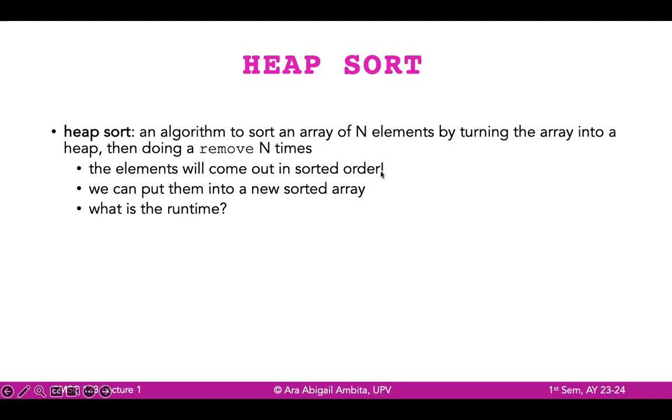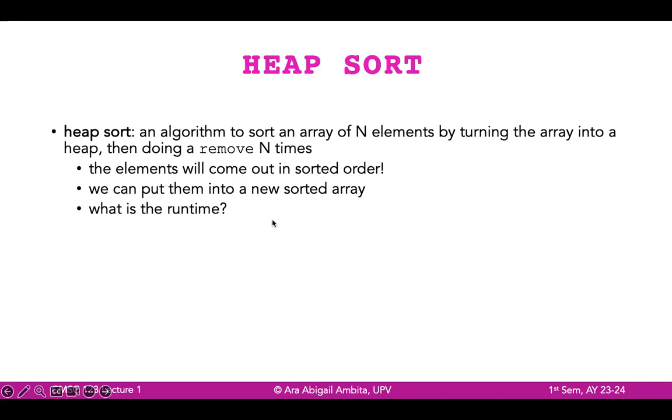Why? So what we do is we have a heap, right? And we know that a heap follows two properties. One is completeness and the other one is the heap ordering. Wherein in a heap, we always know that the parent will be less than or equal to its child. And in a min heap, we know that the root will always be the minimum.